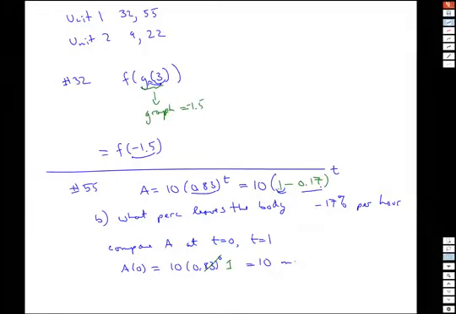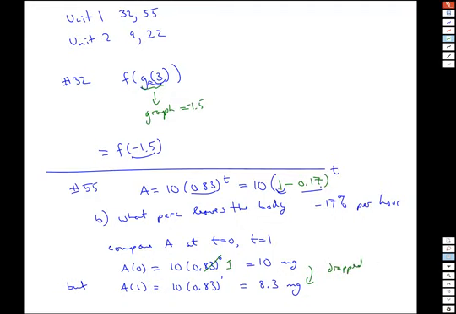Milligrams, yep. But A of 1, an hour later, we have 10 times 0.83 to the power 1. If you multiply that out, it's 8.3 milligrams. So we went from here to here, and we dropped, do the subtraction, 1.7 milligrams from 10 milligrams.